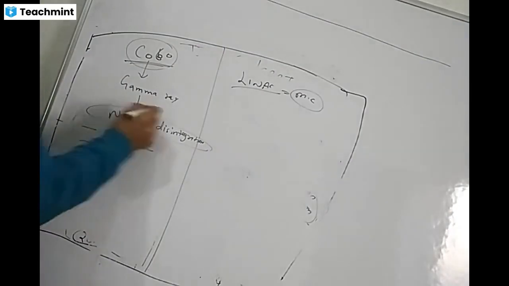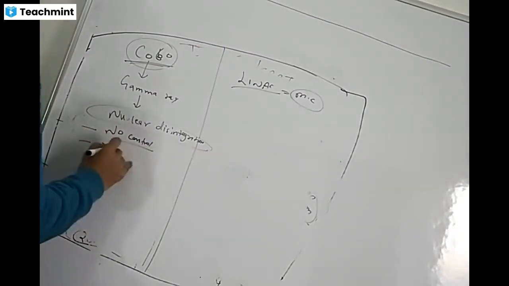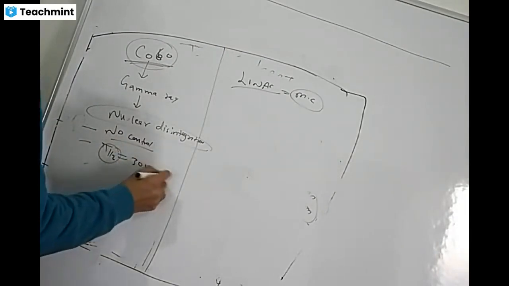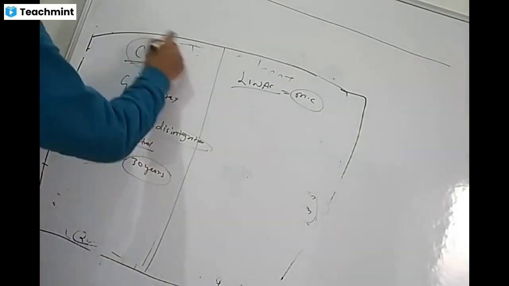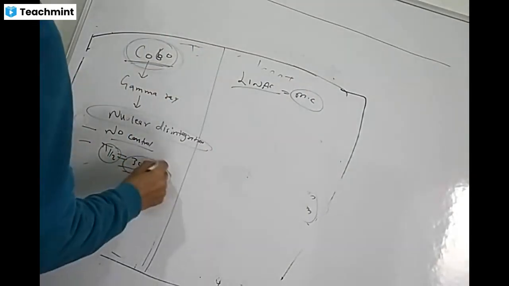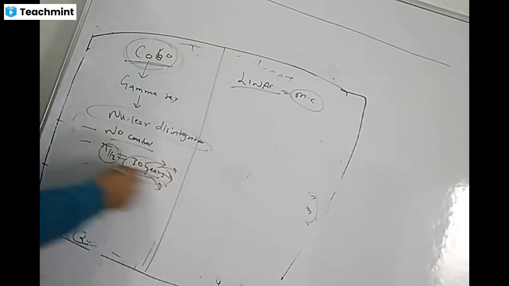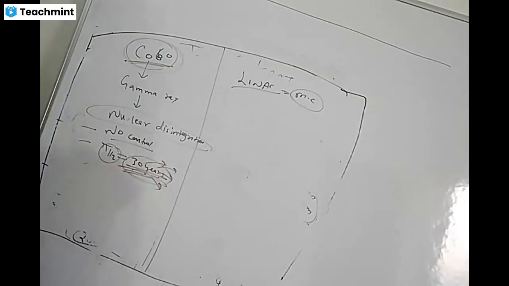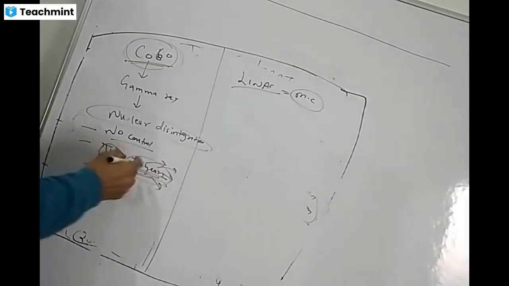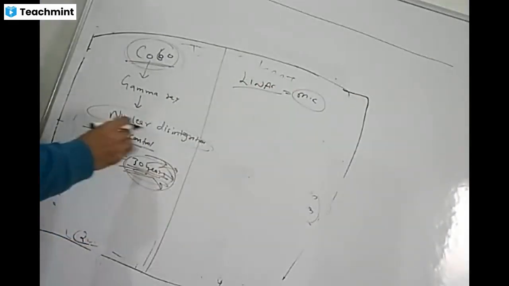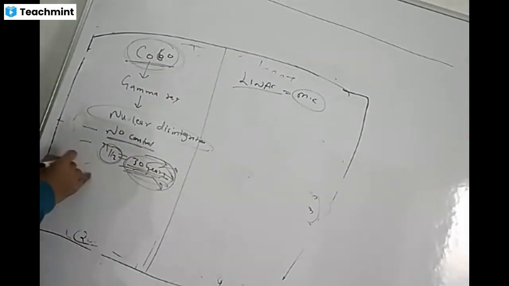It means whatever the half-life T half, suppose this is 30 years, then this cobalt-60 will keep on emitting the radiation for 30 years. So there is no control over disintegration. After 30 years, when the half-life is over, it will stop emitting.